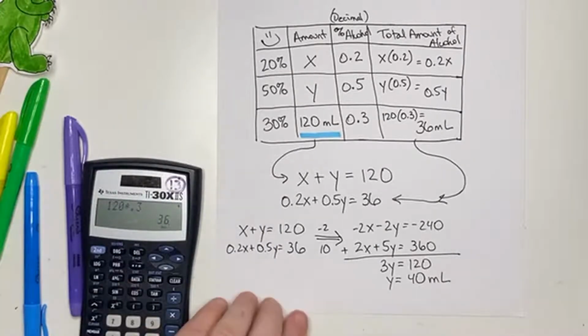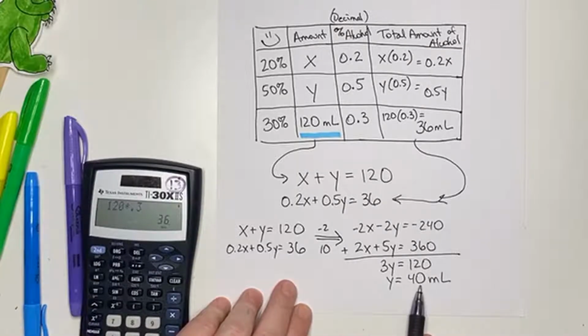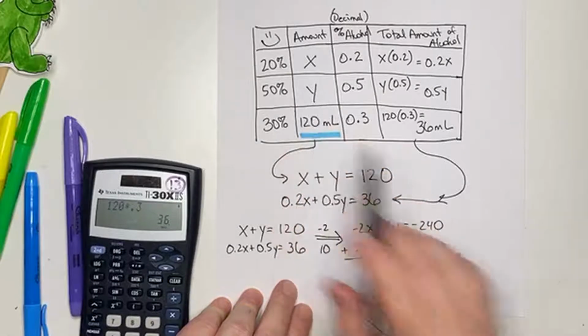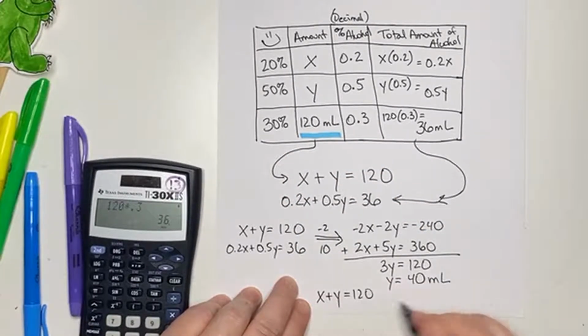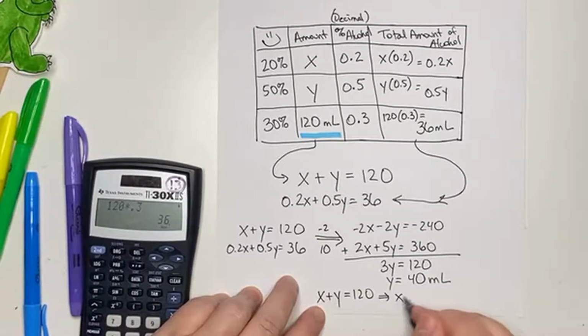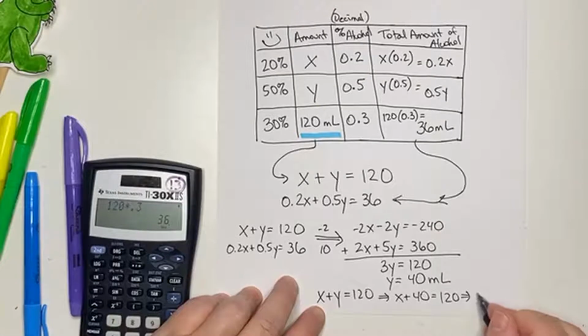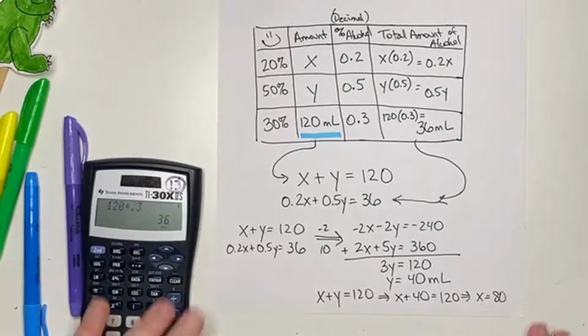Woohoo. Okay. So if y is 40, wait a minute, x plus y is 120. So that means x plus 40 is 120, which means I'm almost out of room, but x must be 80, right? That's without checking.